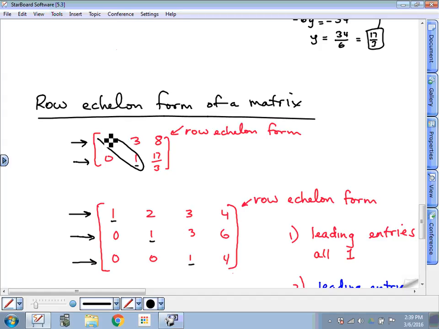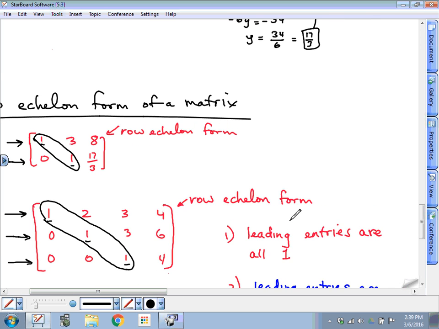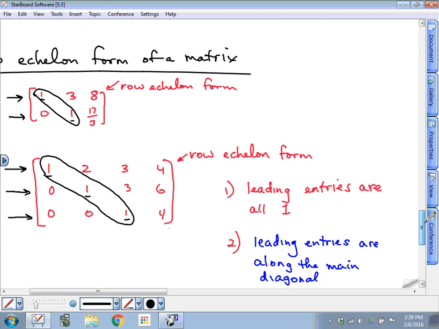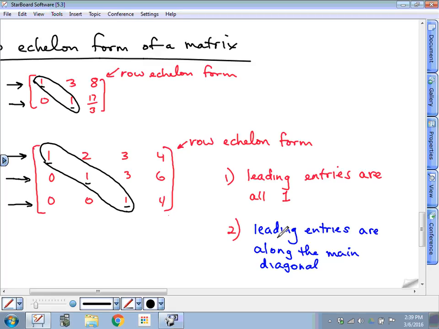So this is what's called the main diagonal, starting at the top left and going to the right. So in this main diagonal, you have only 1s. That's the most important characteristic of row echelon form. That's what I've started to write over here. These are the conditions to be row echelon form, the leading entries.